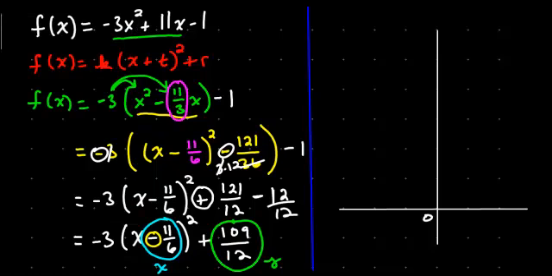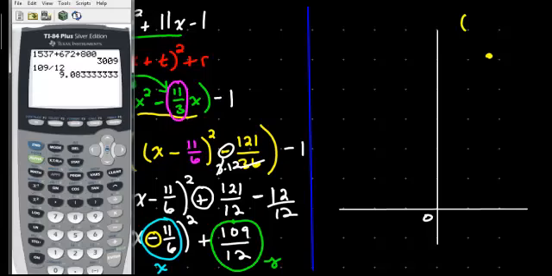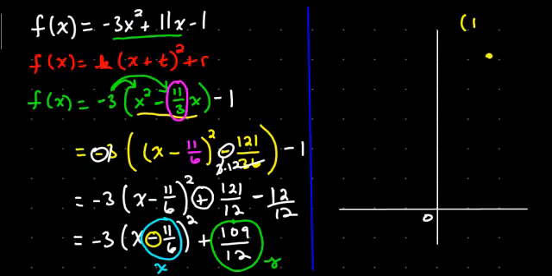And 11 divided by 6 is about 1.83. So the vertex is about 1.83 and 9.08. Again, this is a rough sketch, not drawn to scale.